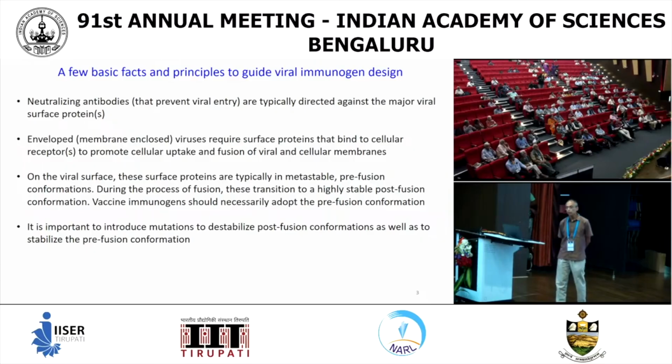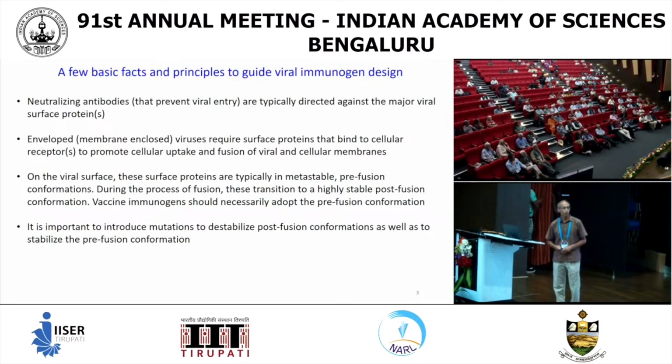And so in order to overcome this unfavorable energetic barrier, there has to be a driving force. And the driving force typically for many viral proteins happens in the form of a shape change of the protein.